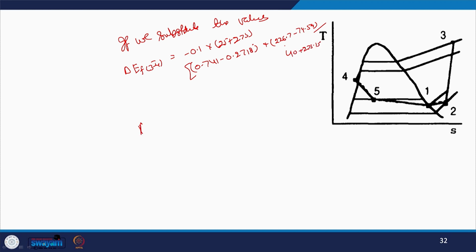So delta EF 3 to 4 comes out to be minus 0.493 kilowatt.